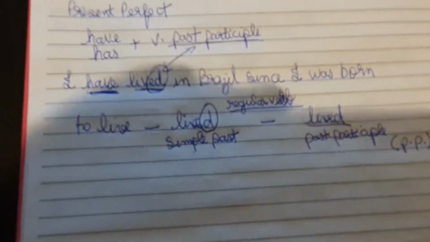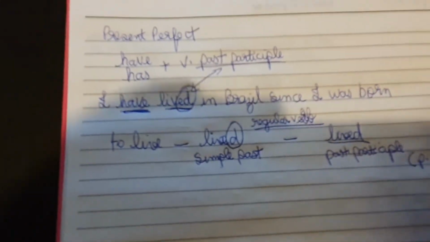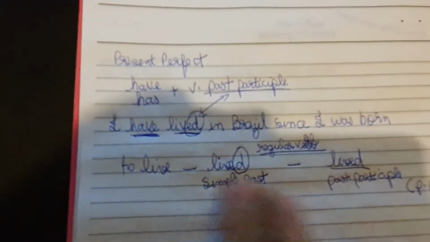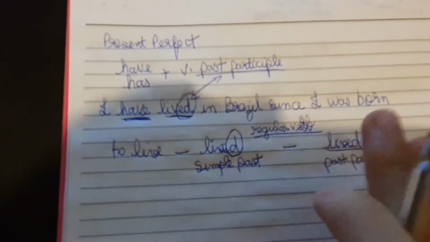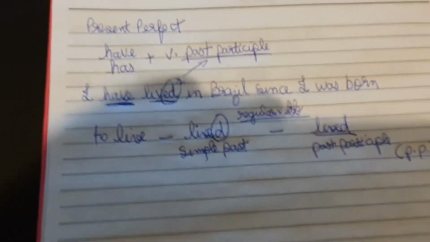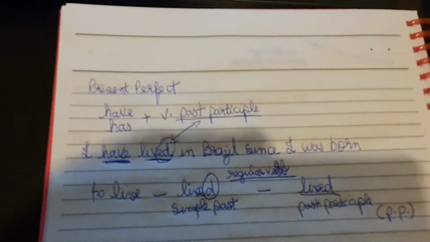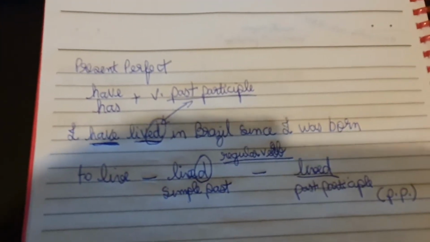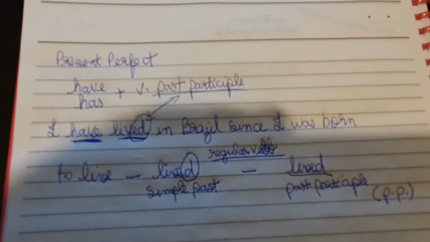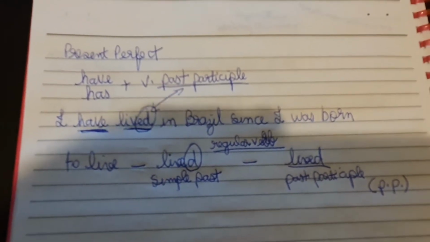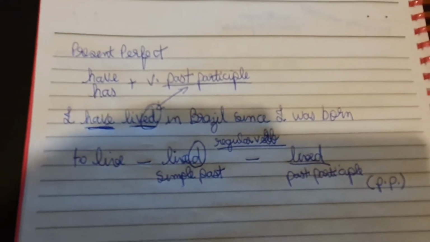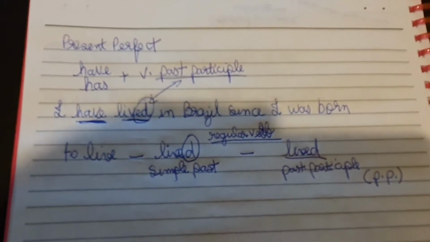First, we'll see the grammar aspect of the present perfect. Then we'll learn some situations in which we use the present perfect, or maybe use other verb tenses as well. So it's important to differentiate this verb tense from the simple past mainly.